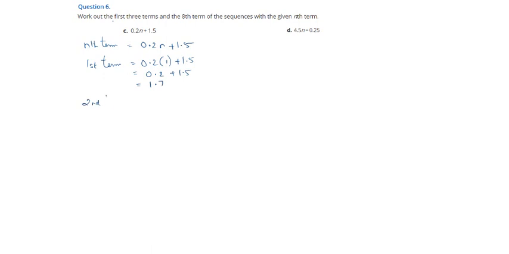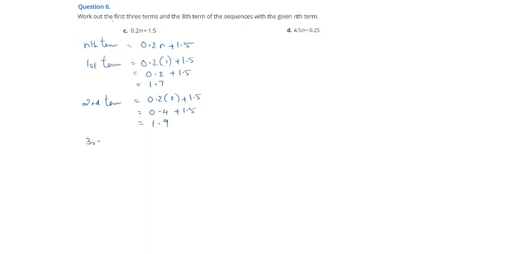The second term is obtained by replacing n by 2. So 0.2 into 2 plus 1.5. This is equal to 0.4 plus 1.5. On addition, we will get 1.9.